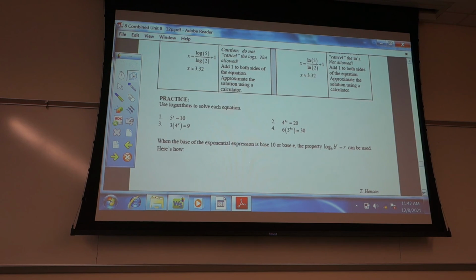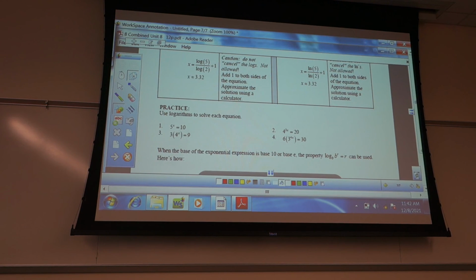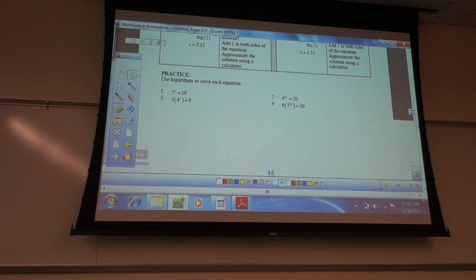All right, so now we're going to use logs to solve these ones.